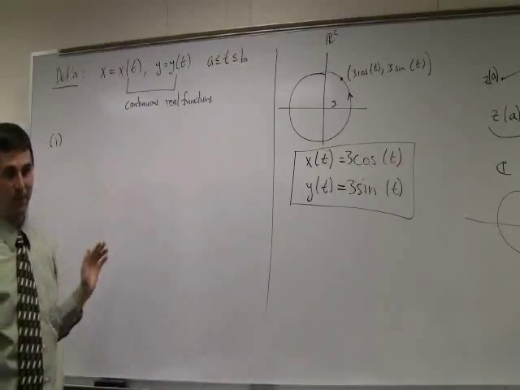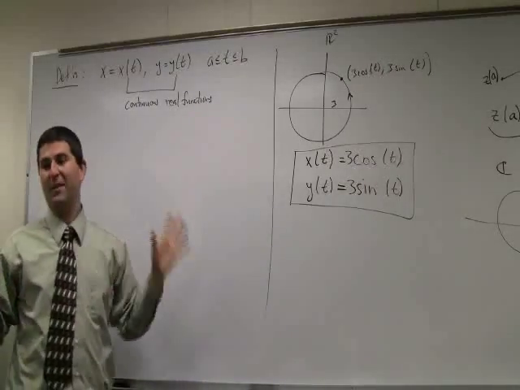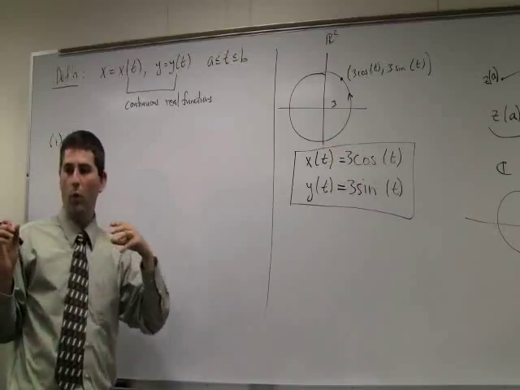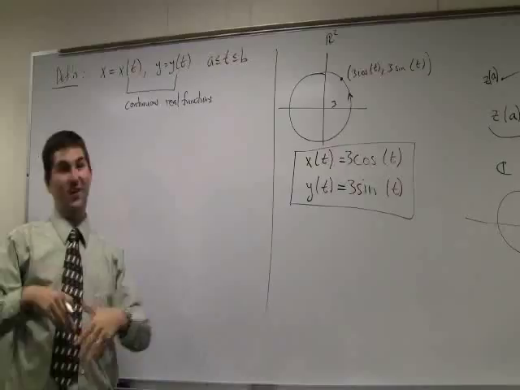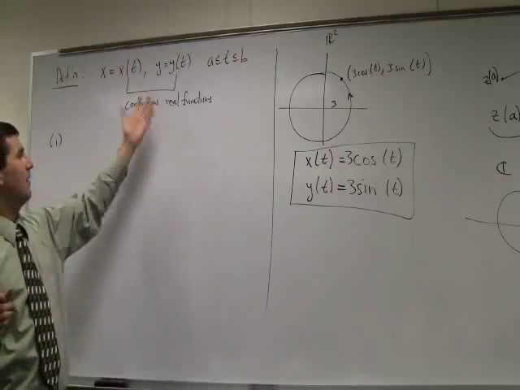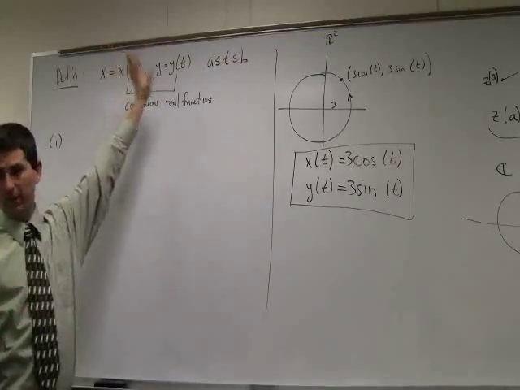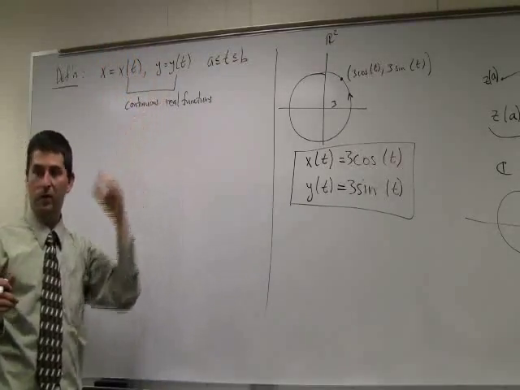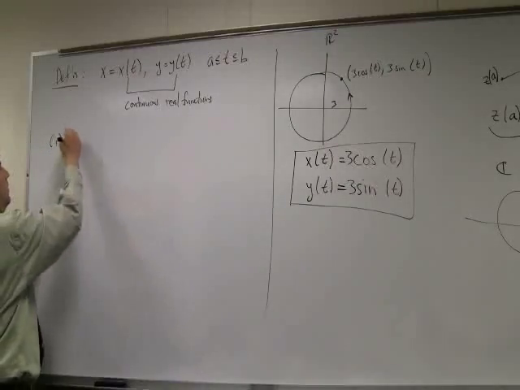Good. Okay, so something happens, but what we're looking for is not just any old thing to happen. For instance, we're not terribly interested in any continuous real functions here. We want something a little bit nicer.